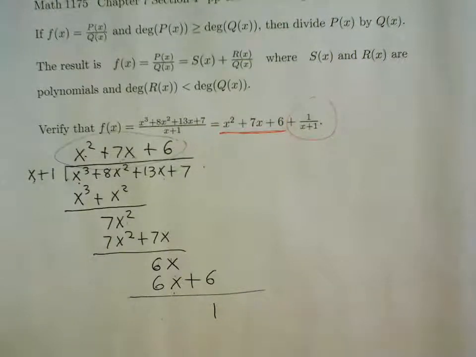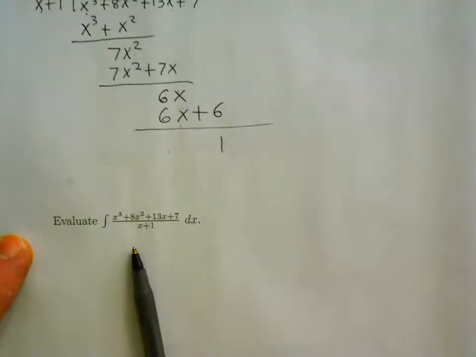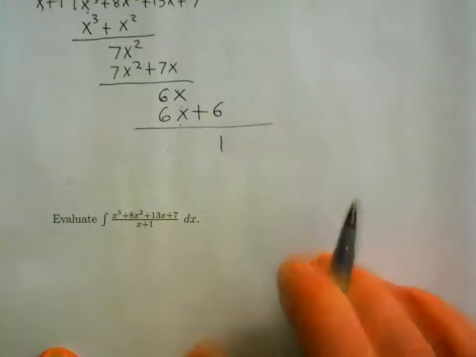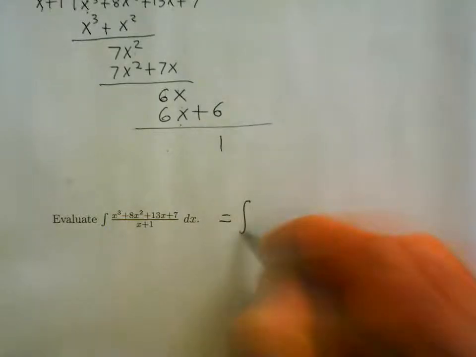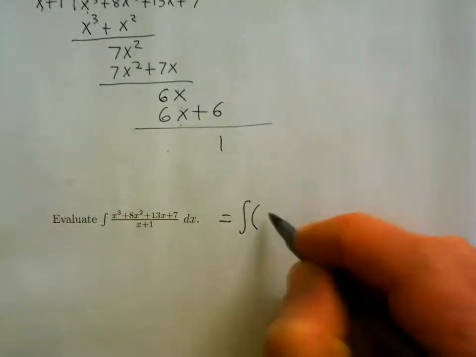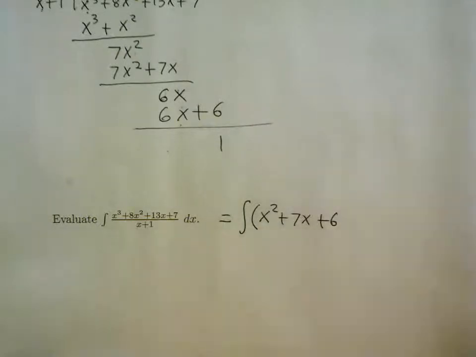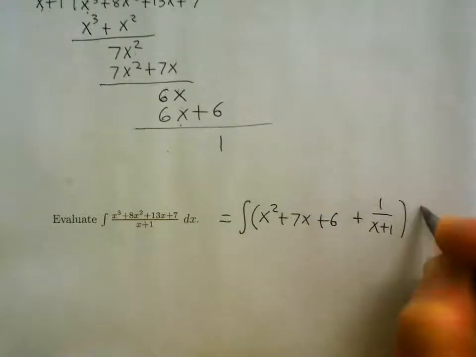Okay, so now that we've verified that this equation is true, we can evaluate this indefinite integral of the improper rational function. So we can write this as the indefinite integral of the quantity x squared plus 7x plus 6 plus 1 over x plus 1 dx.